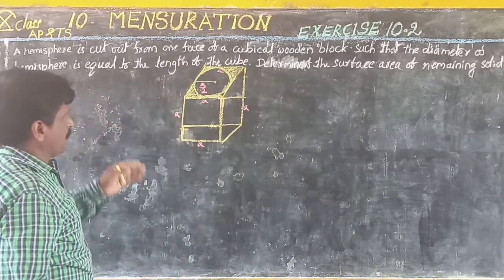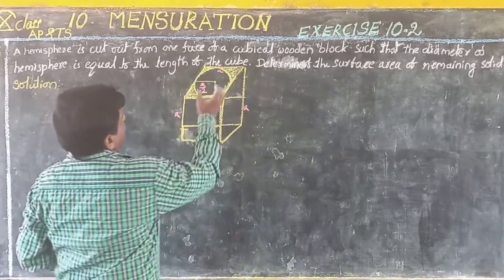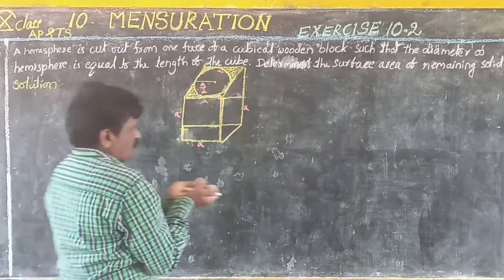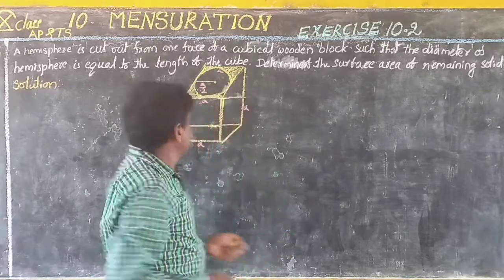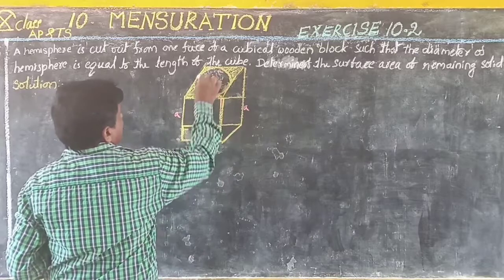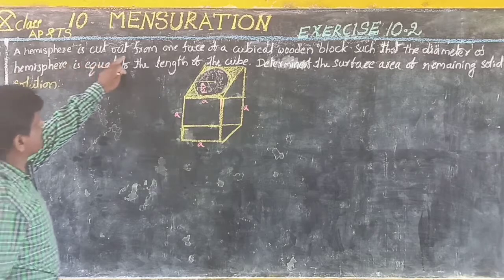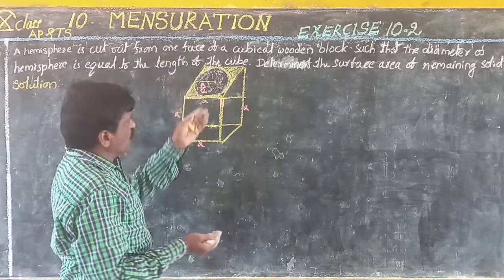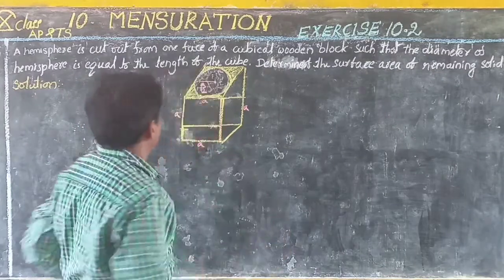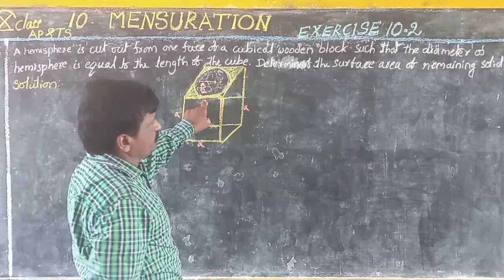The same hemisphere is cut out of the cube, from one face of the cube. So we want the total surface area.